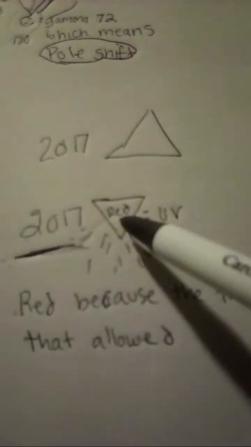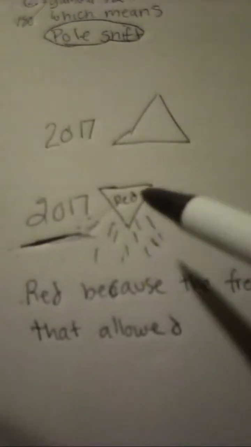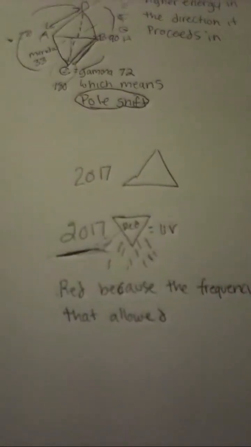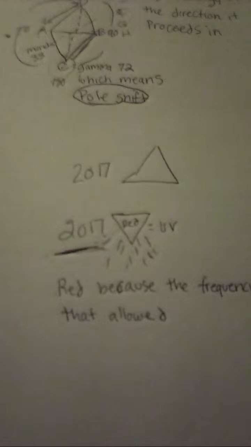because 2017 was the red, right? Was the red because of the frequency that was allowed from the ozone layer being up. The thing about my little shift, my experience I had with like Superman X-ray vision, that was dealing with, it didn't last that long, and my theory is because the ozone layer, the magnetic field, was still up.